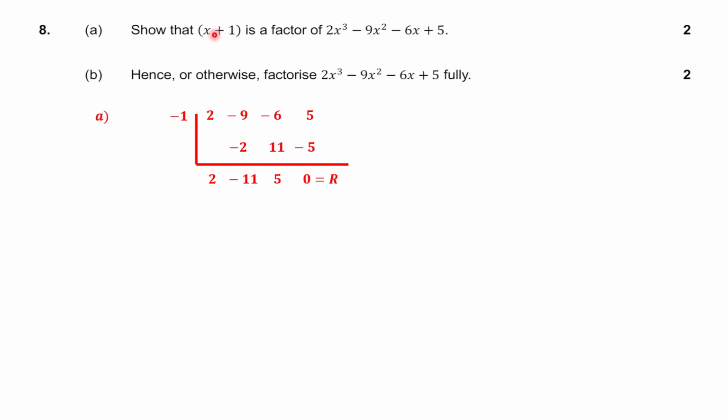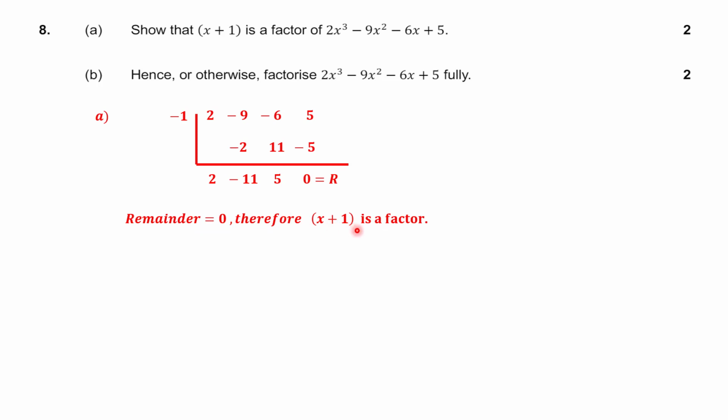Don't put 1 there, you put the root there, so it's going to be -1, put -1, so that comes down, multiply by that becomes -2, add that becomes -11, multiply by -1 gives you 11, add gives 5, multiply gives -5, when you add you get 0, and that's the remainder. The remainder is 0, so you must say this, remainder is 0, therefore x plus 1 is a factor.